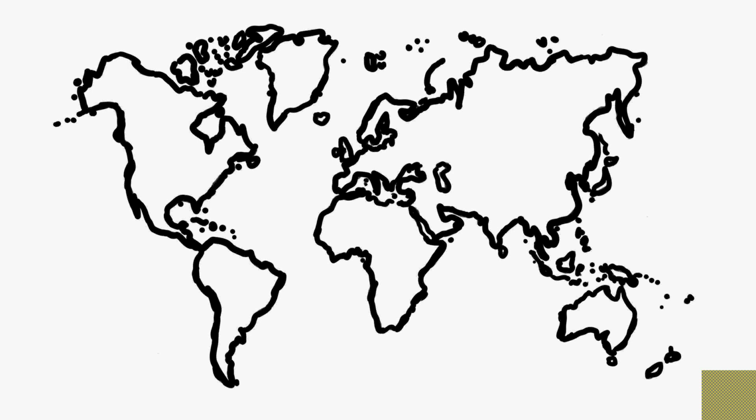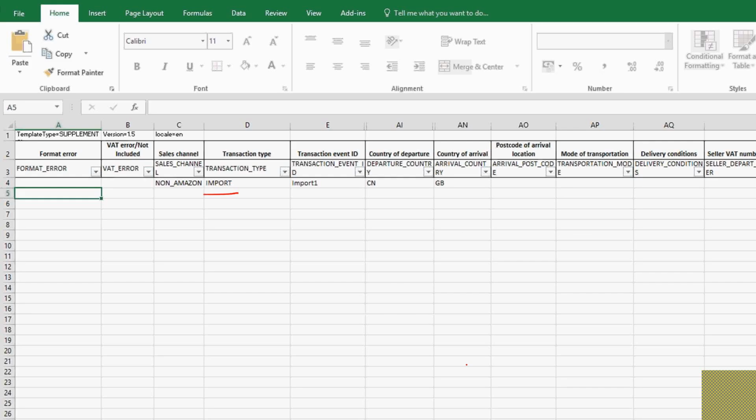For example, if you move goods from China into the UK, then in your additional VAT report, you should report one import transaction with the departure country being China and the arrival country being the UK.